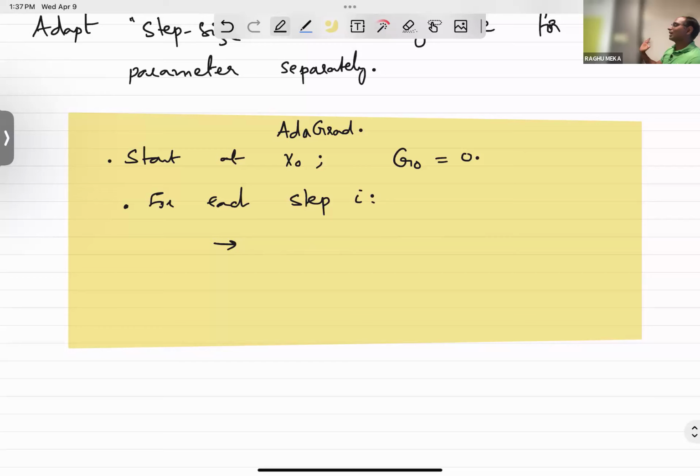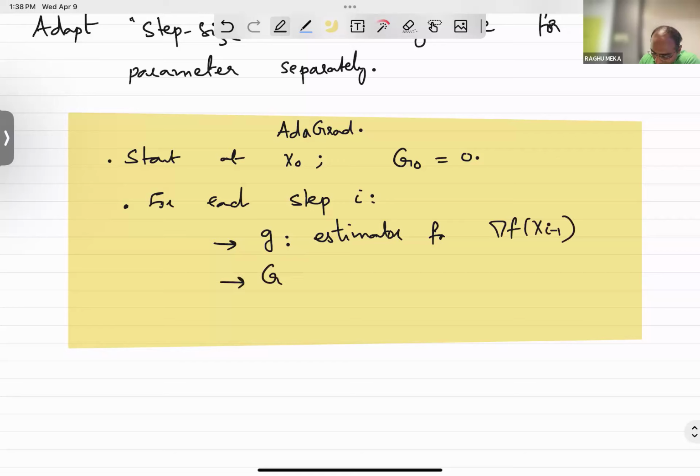And I'm going to write it straight away for stochastic gradient descent. It's defined for gradient descent, but whatever is defined for gradient descent, you can define for the stochastic version. Just replace the gradient with the estimator. Okay, so let's say g is the estimator for gradient f of x_{i-1}.